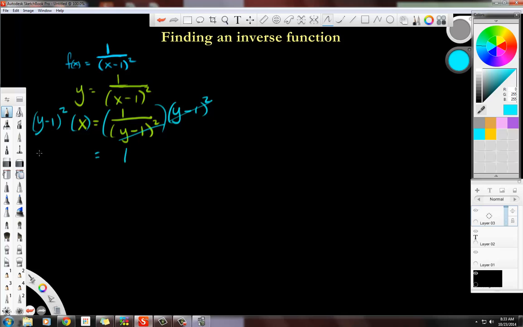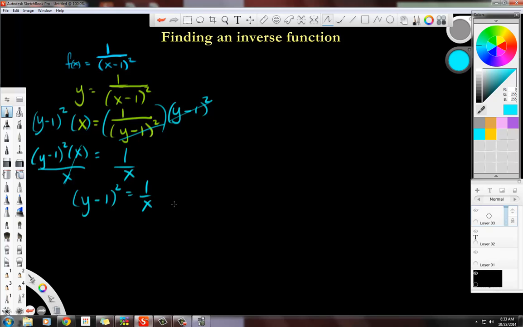And on the left side of this, I just have y minus 1 squared times x. And remember, I'm solving for y here. So I'm going to divide both sides by x now. Okay, and now that will cancel, leaving me y minus 1 squared equals 1 over x.